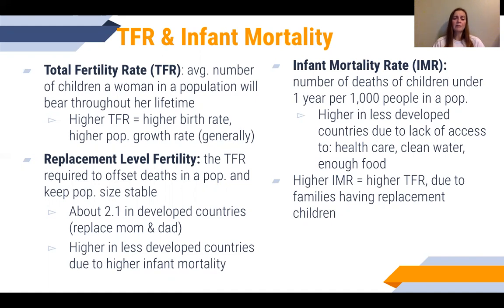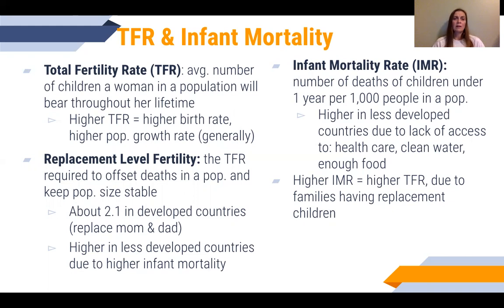So replacement level fertility is the number of children a woman would need to have throughout her lifetime in order to offset the deaths in a population and keep that population size stable. So it's really, what would the total fertility rate be in order to offset deaths? And so in developed countries, it's just over 2.